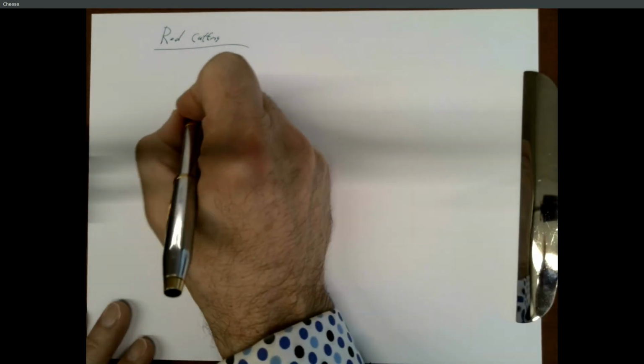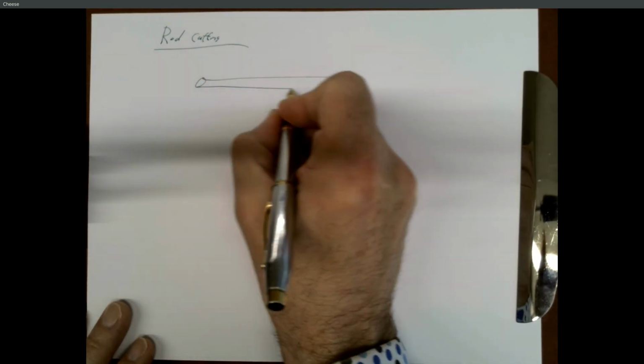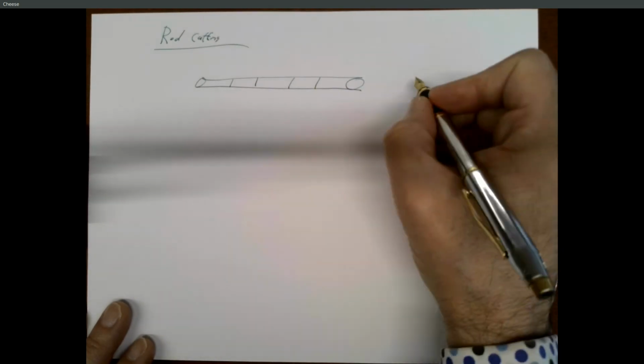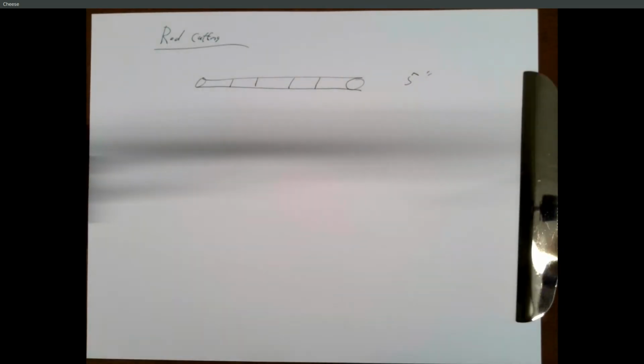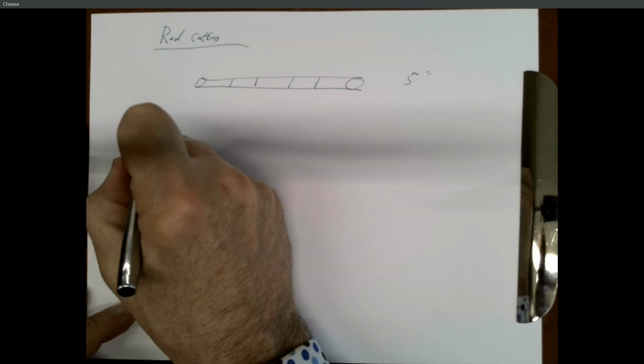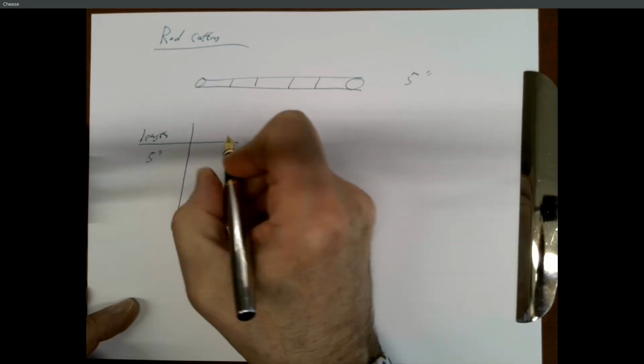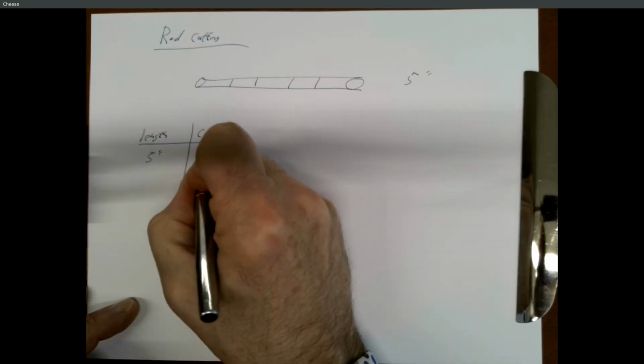So here's the setup. You have a piece of metal rod, say 5 inches long. And you can sell this piece of metal for, say, $20.